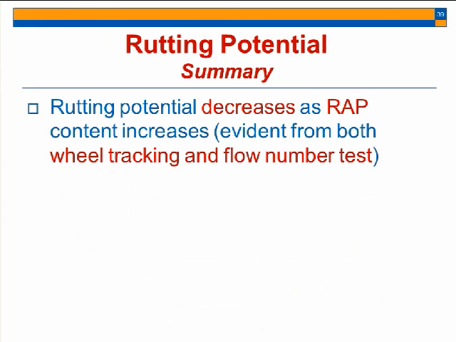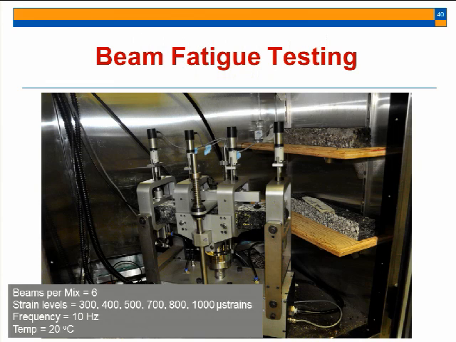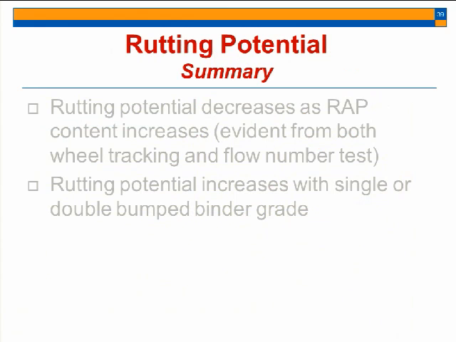So we saw a decrease in the rutting when we increased the amount of RAP, and it was evident for both Hamburg wheel tracking and flow number test. Rutting potential increased with single or double bump binder grade as well. But I would like to say that the rutting potential increased, but it didn't go up to the control mixture.